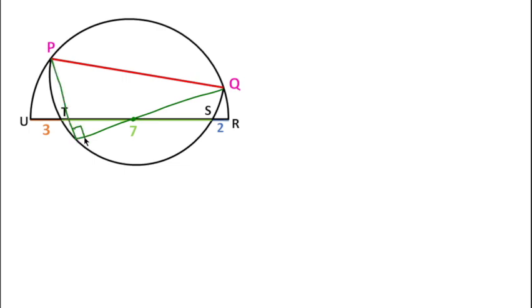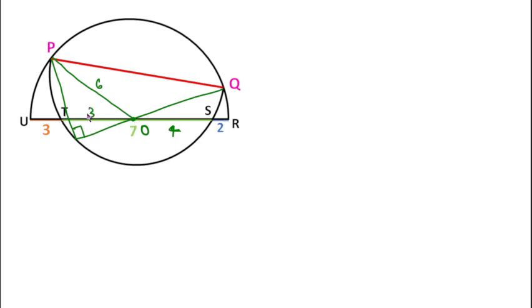So if we consider this point as a center, and if we make a right angle triangle here with the diameter, and if we consider this point as O, then PO is the radius for this bigger semicircle, which is equal to 6 unit. Now you can see here TS length is actually 7 unit according to the question, and OR is the radius for the bigger semicircle, which is equal to 6 unit, and SR is 2, then OS is actually 4 unit, then TO will be 3 unit.